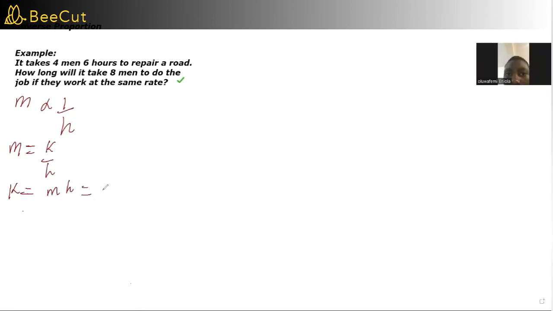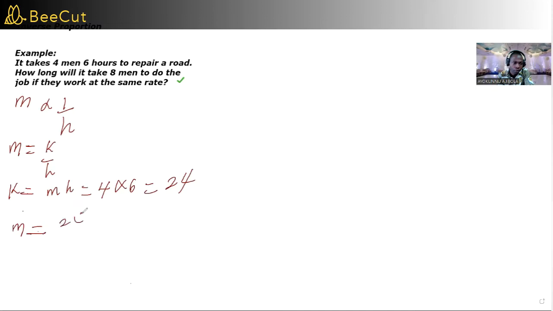So it takes 4 men 6 hours, and that is the constant, which is 24. So I can now say number of men is 24 divided by number of hours it takes them. So we now say, okay, how long will it take 8 men?